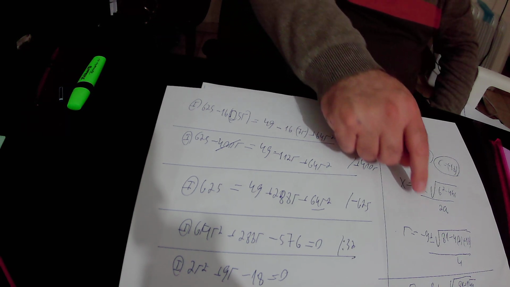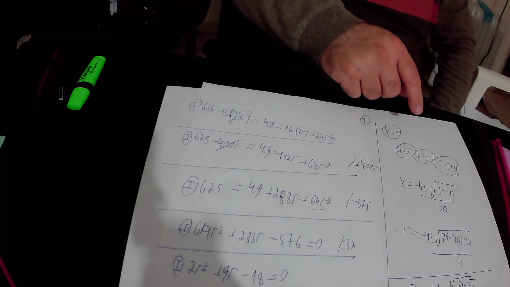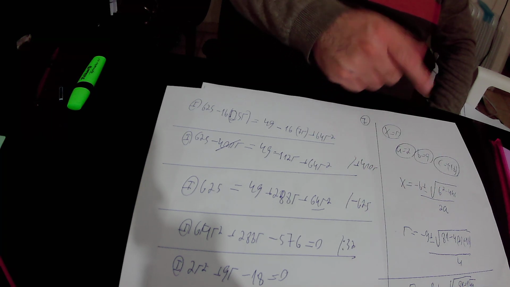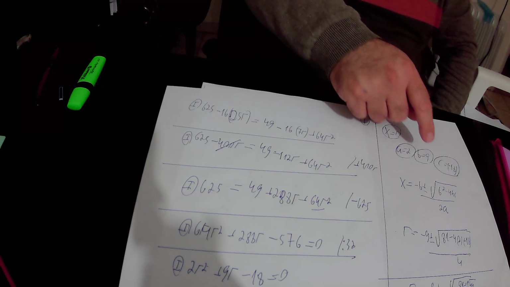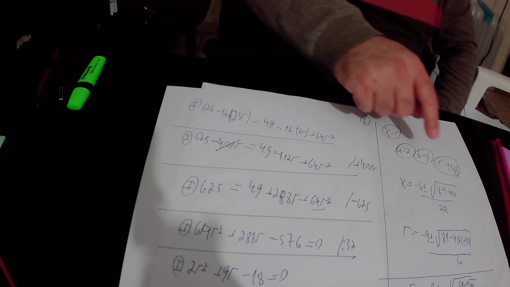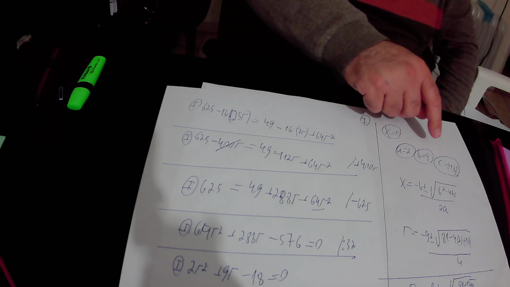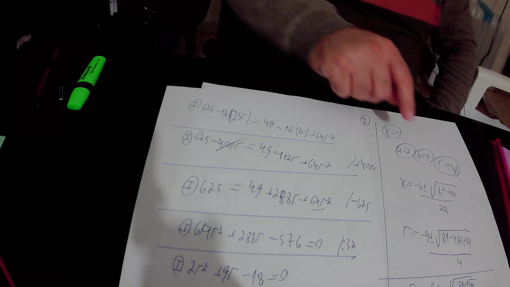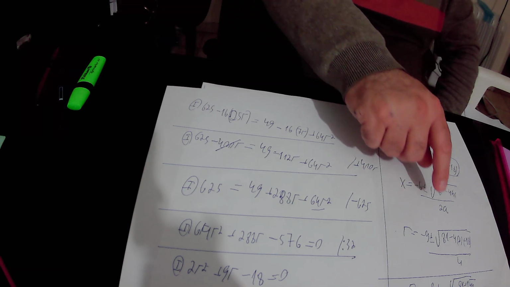And R equals minus b, which is minus 9, plus minus square root of b squared. B is 9, so b squared is 9 squared, that is 81, minus 4 times a, which is 2, times c, which is minus 18, over 2a. A is 2, so 2a is 4.